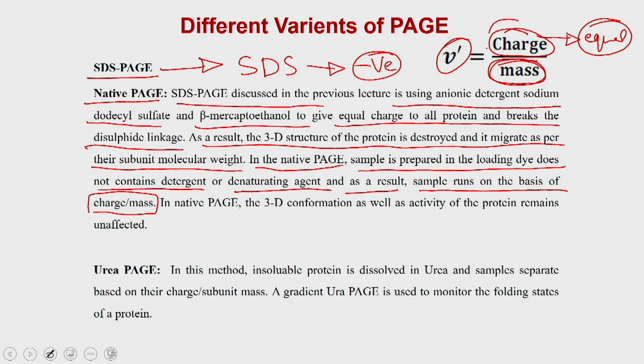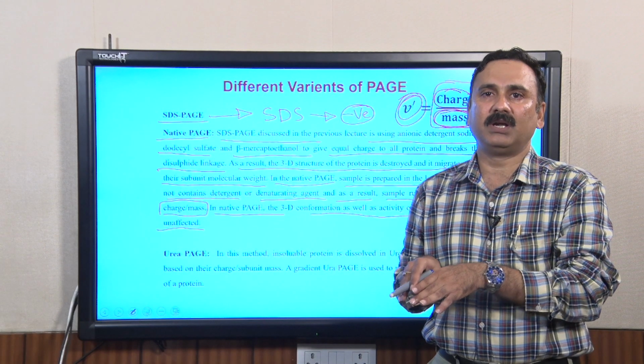So, whatever ratio comes, the electrophoretic mobility will be directly proportional to the charge by mass ratio, and that is why in native PAGE the three-dimensional conformation as well as the activity of the protein remains unaffected, which means the native gel is going to retain the three-dimensional conformation of the protein as well as the activity of that particular protein.